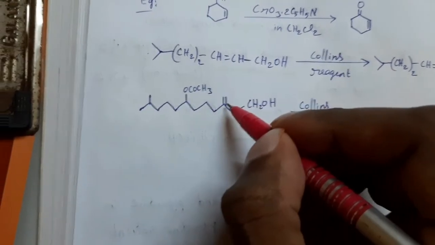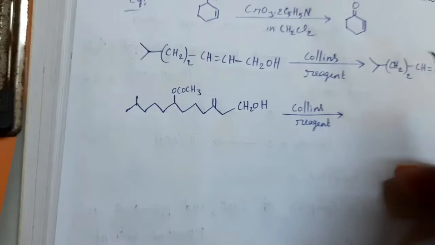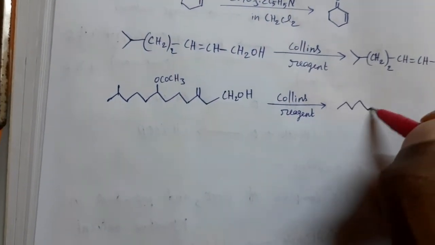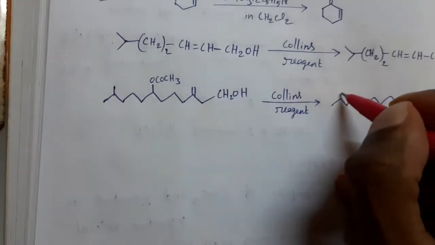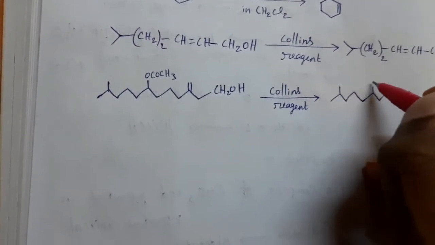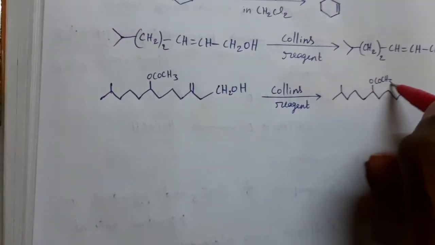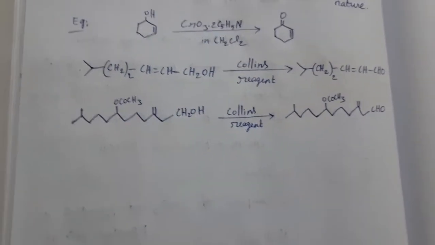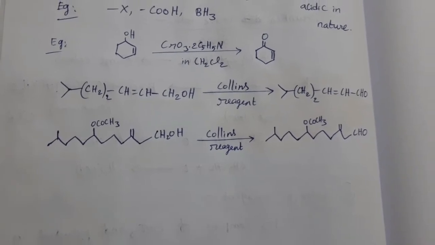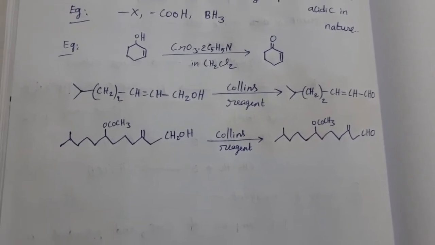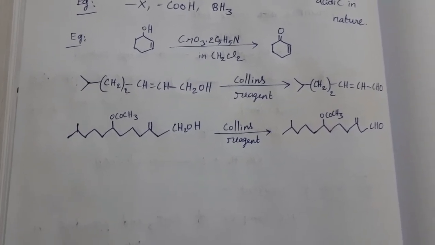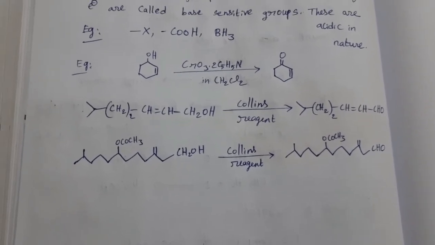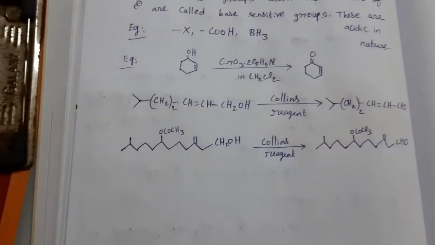This double bond CH2 and this acetate group remain as they are. Methyl, OCOCH3, this one CHO. So in this way, Collins reagent can oxidize only primary alcohol and secondary alcohol. Primary alcohol to aldehyde, secondary alcohols to ketone. So it is a selective oxidizing agent.